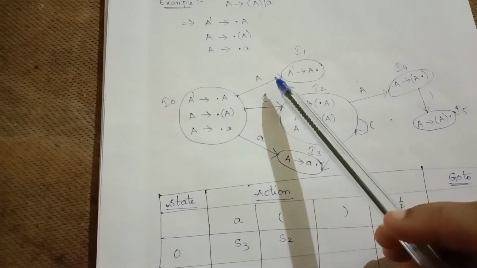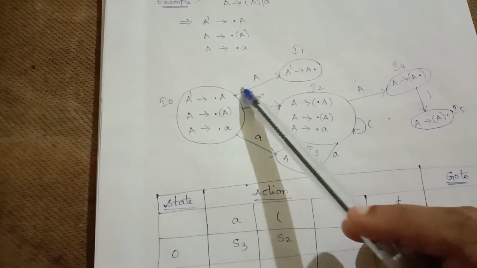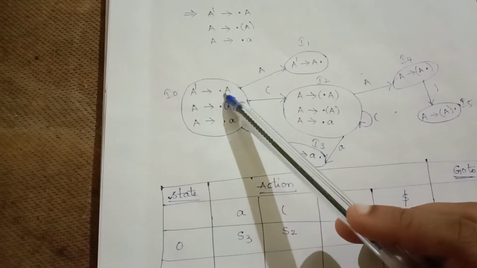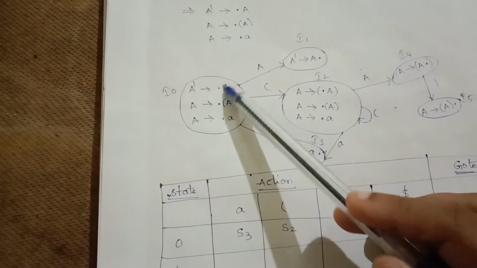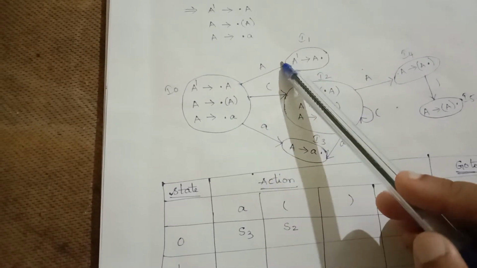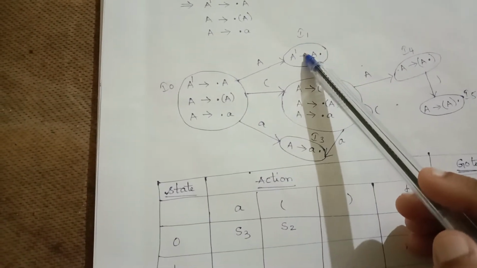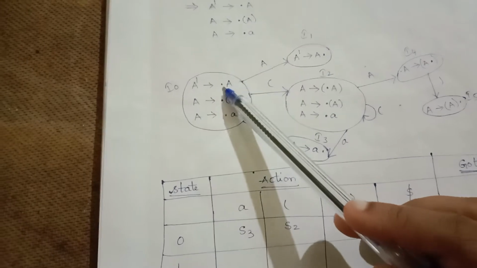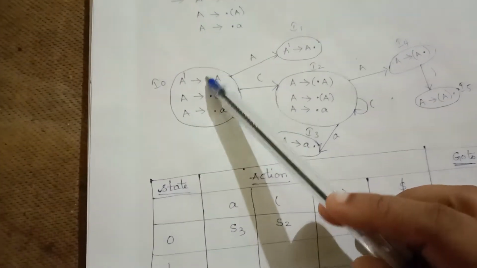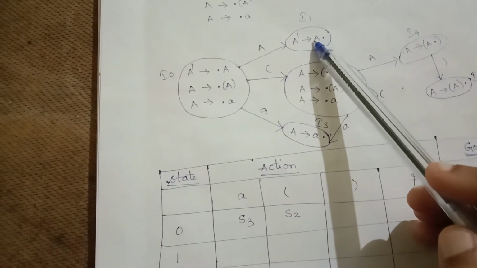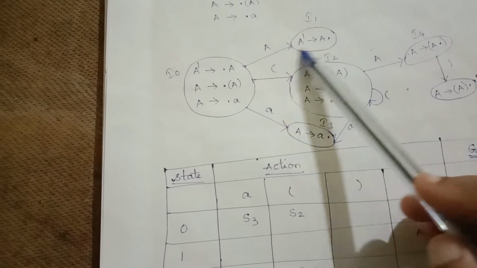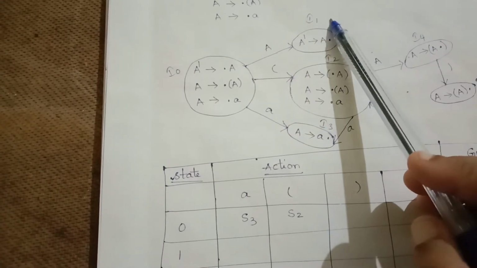In that way you need to construct the diagram. So I naught on symbol A becomes A dash tends to A dot. This dot is shifted, and this is considered as state I1.